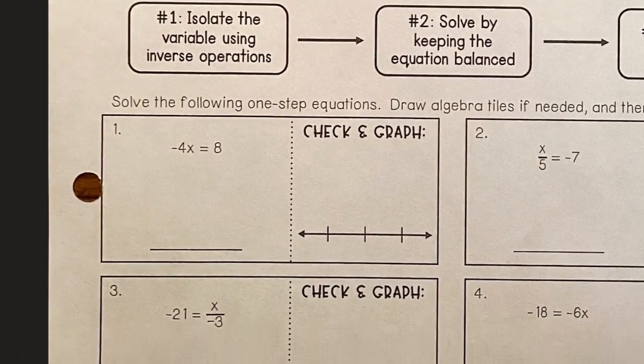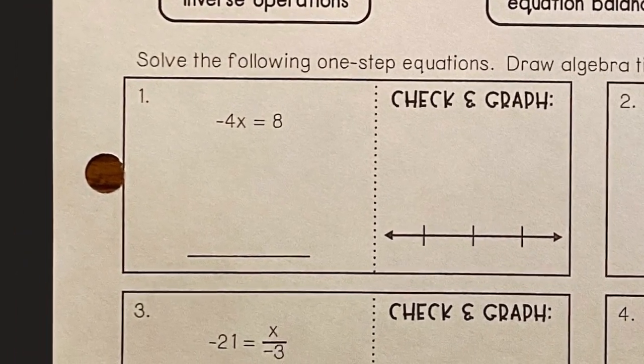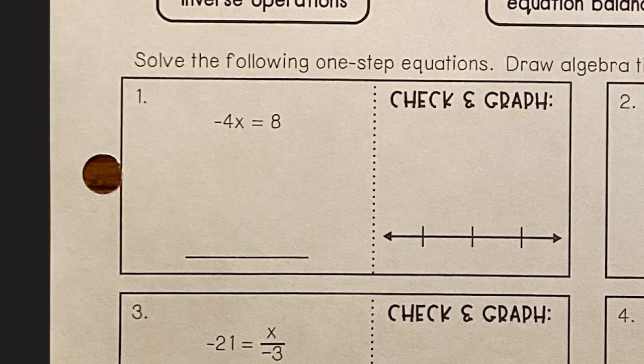So, just like what we went over the last couple of days, if you're given a problem like this, negative 4 times x equals 8, the way in which you will solve this problem is you're going to isolate your variable first. So we want that negative 4 that's attached to my x to go away. And the way that you do that is by dividing.